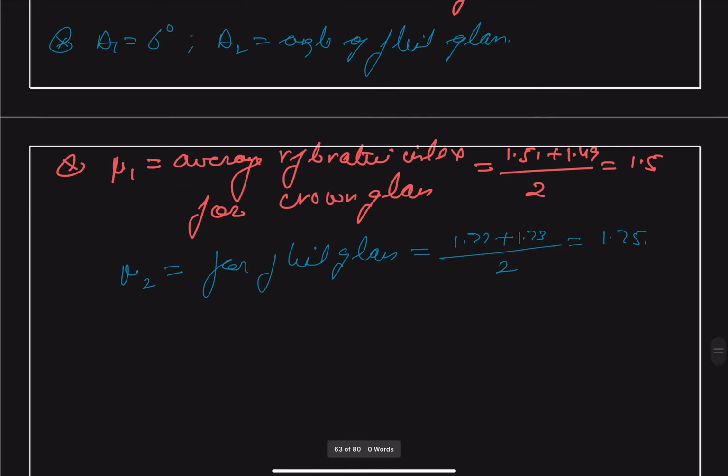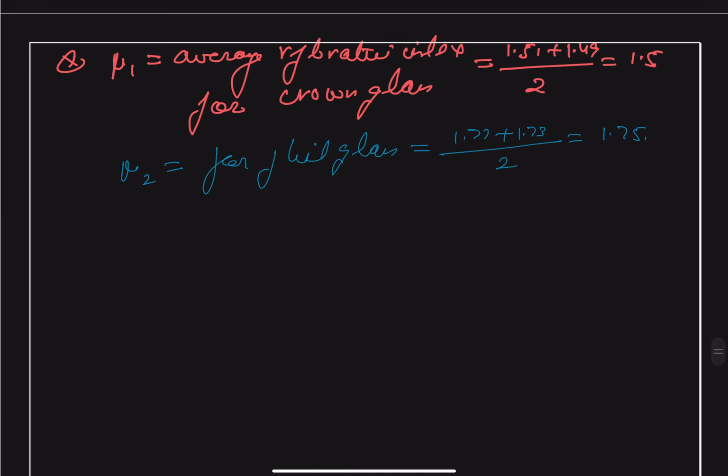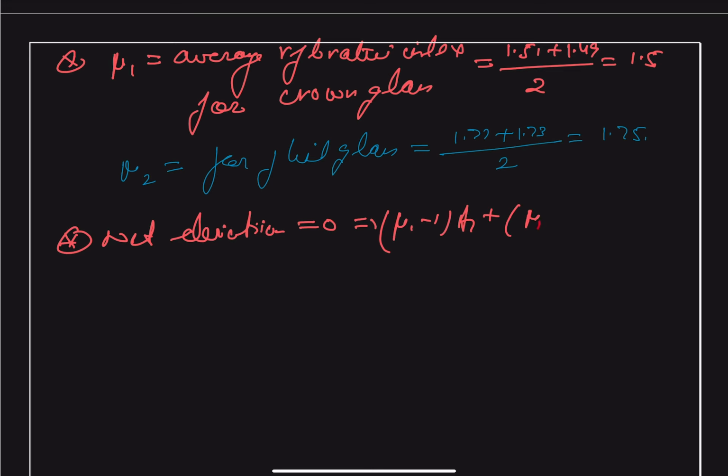Now the net deviation is 0. So we can write from here that (mu1 minus 1) A1 plus (mu2 minus 1) A2 is equal to 0. We substitute the respective values. We get (1.5 minus 1) into 6 degrees plus (1.75 minus 1) A2 is equal to 0.